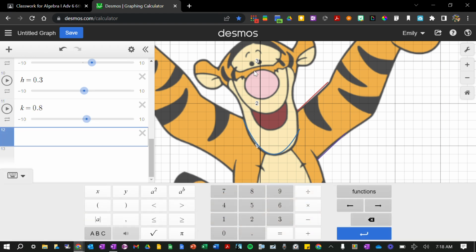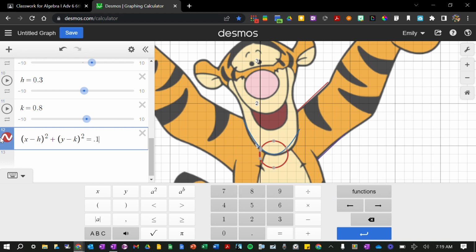And the formula for a circle, I'll just pretend that this is circular, is x minus h squared plus y minus k squared equals the radius squared. So I'll try a radius of 1. That's way too big. I'll make it smaller. Let's say 0.2. That's about, even 0.1.